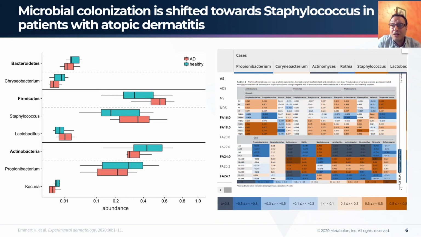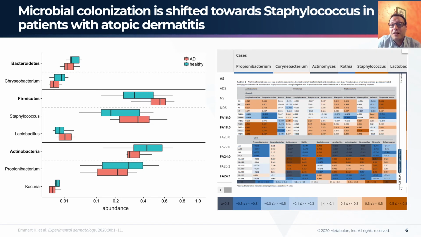In contrast, the abundances of Propionibacterium, Rothia, Actinomyces, Lactobacillus, Acinetobacter, Haemophilus, and Neisseria were negatively correlated with the ceramide species AS, ADS, NS, and NDS. In healthy subjects, only Chryseobacterium showed a strong positive correlation with the ceramide species AH, AS, and AP, while other bacterial genera showed only weak positive correlations.